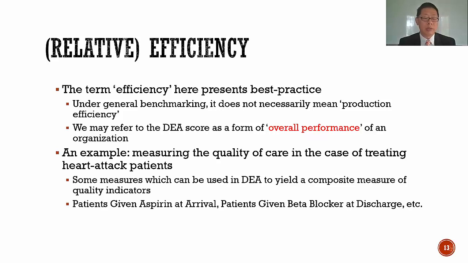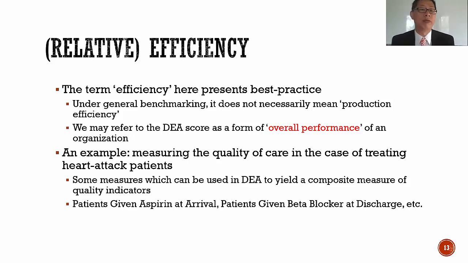And when you read papers, usually in the introduction, in the very first two sentences you will see that DEA is a methodology for efficiency evaluation, something like that. I would think that's a very generic term. Also, efficiency is sometimes just a standard term.